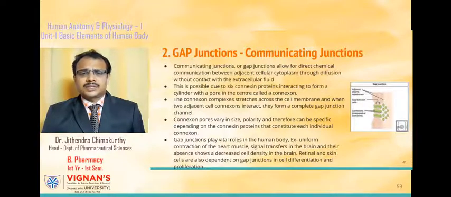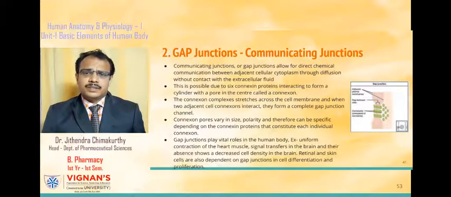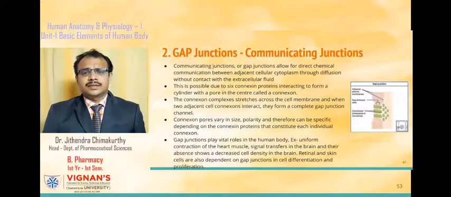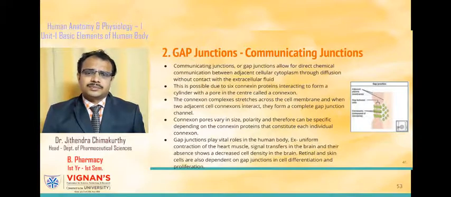And these gap junctions, formed by the fusion of two connexons, have a pore within them, and this pore has a varied size and polarity, thus making it specific for the transport of certain substances across the cell membrane.